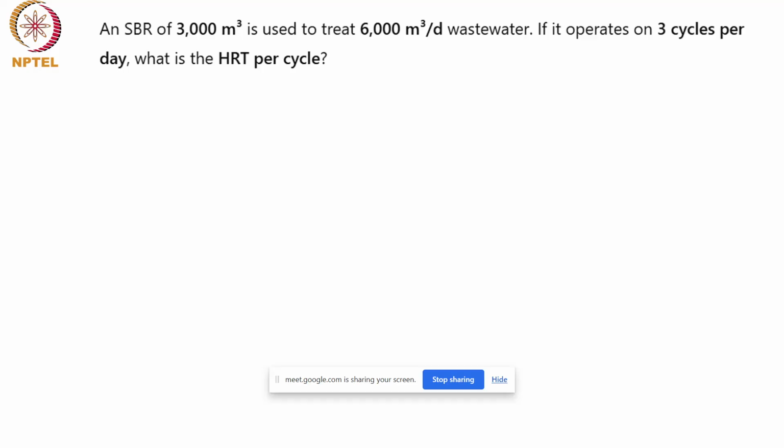Now we have Q equal to V by T, so this is like the total HRT.